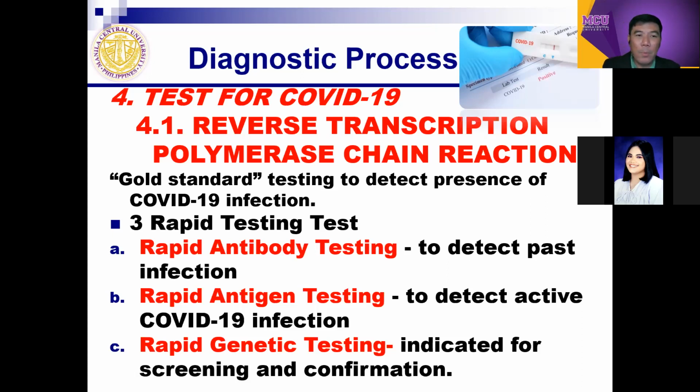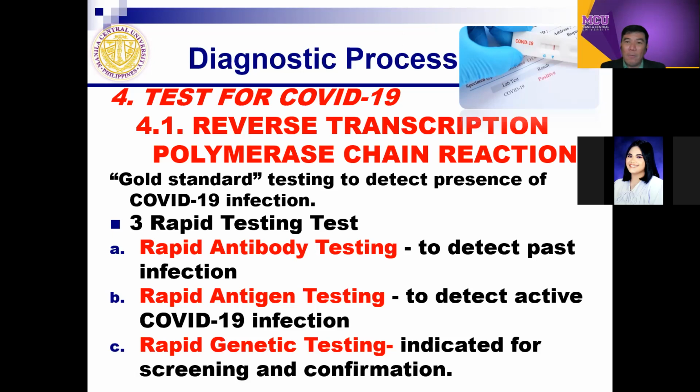So RT-PCR is the gold standard to detect a problem with COVID-19. However, we also have rapid tests. The rapid antibody test and the rapid antigen test can produce false negative and false positive results.